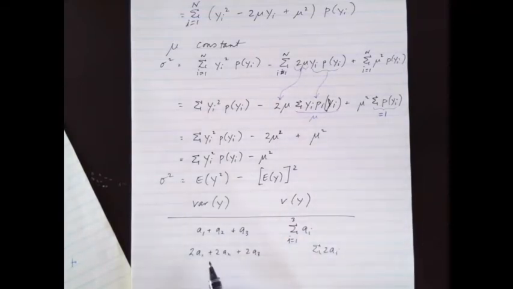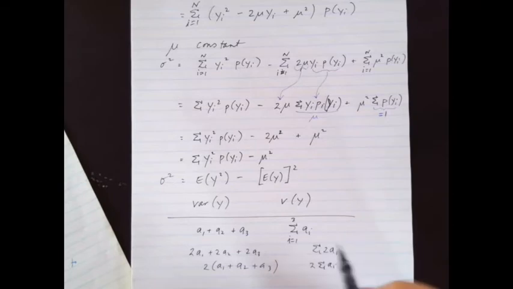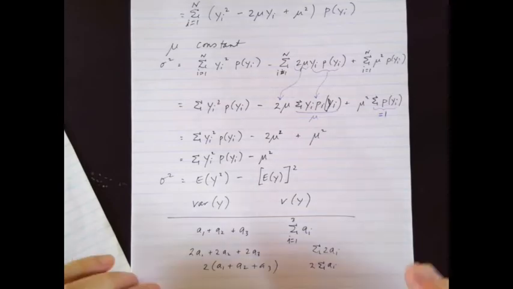And so you know from your high school math that you can take out the common term here. So that's 2 times (A1 plus A2 plus A3). And that's why you can bring the constant term out. So then we're back to 2 times the sum. So that's why you can take the constant term out like that.